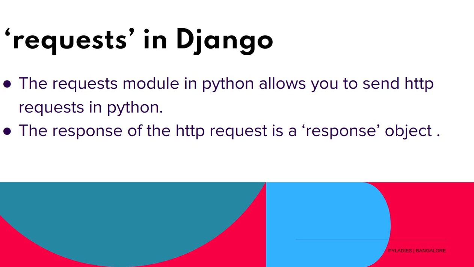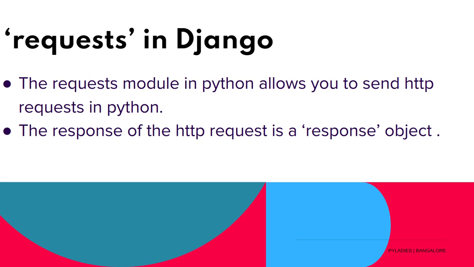Okay, there we have this requests module in Python. This requests module allows us to send HTTP requests and accept responses in Python. It supports parsing, so the body of the response can be parsed to JSON.